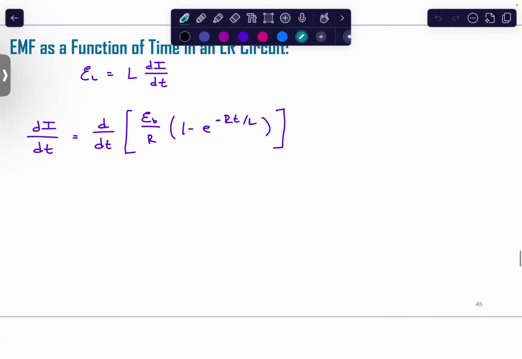Okay, so let's look at this. How do we do this derivative? Okay, well, the derivative is going to pull inside the brackets.